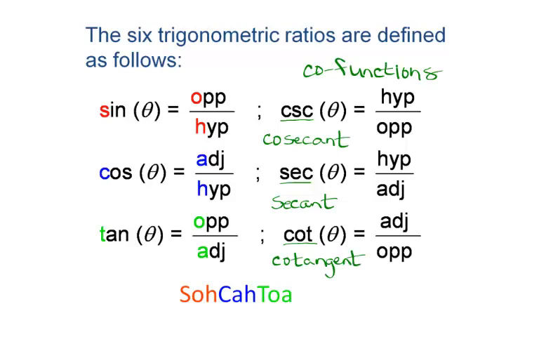And based in the same right triangle, with the same angle theta, with an opposite side to theta, an adjacent side to theta, and a hypotenuse that is directly across from the right angle, here are the relationships for the cosecant of that angle measure theta. It is the length of the hypotenuse divided by the length of the opposite side from the angle theta in the right triangle.